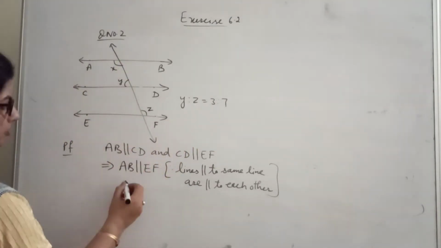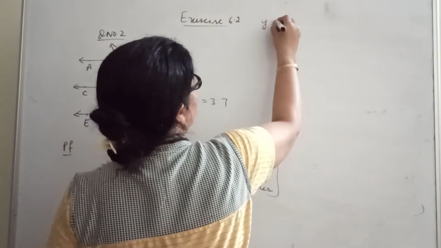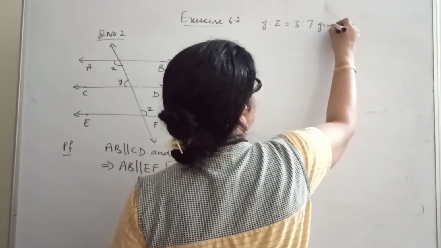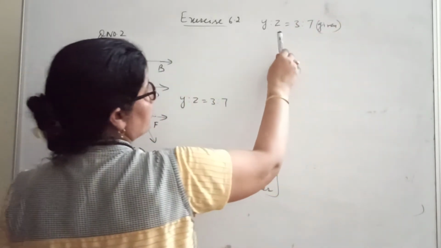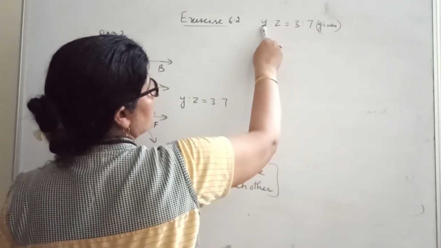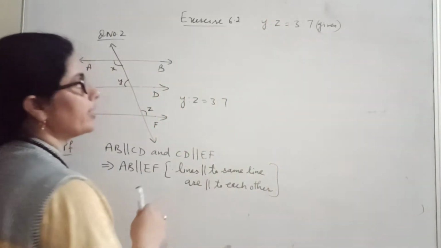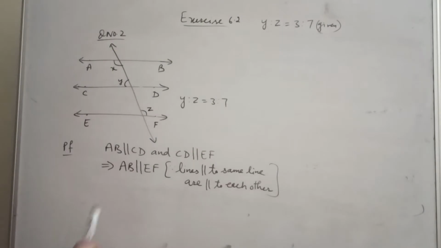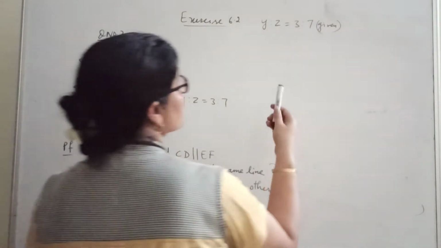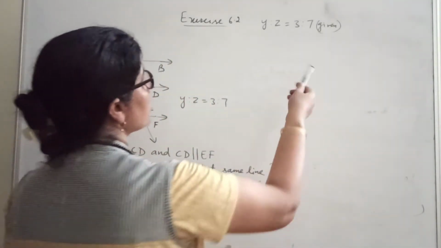Now it is also given to us that the ratio Y to Z is equal to 3:7. What does it mean? It means there is some number. If we multiply it by 3, we get the measure of angle Y, and if we multiply that number by 7, we get the value of Z. So let us suppose that number is A. X, Y, Z we cannot use here, so take any other alphabet.